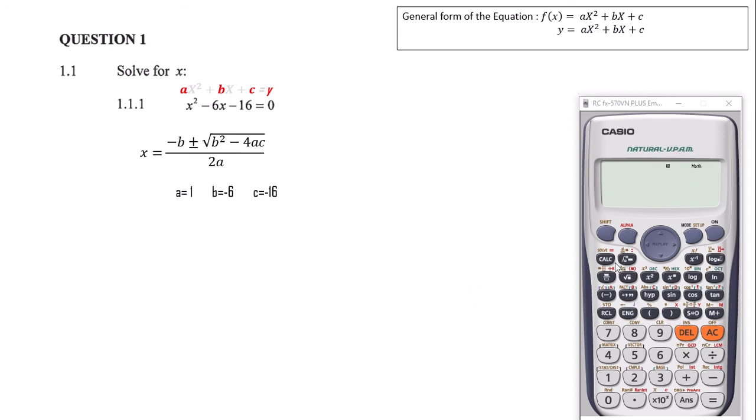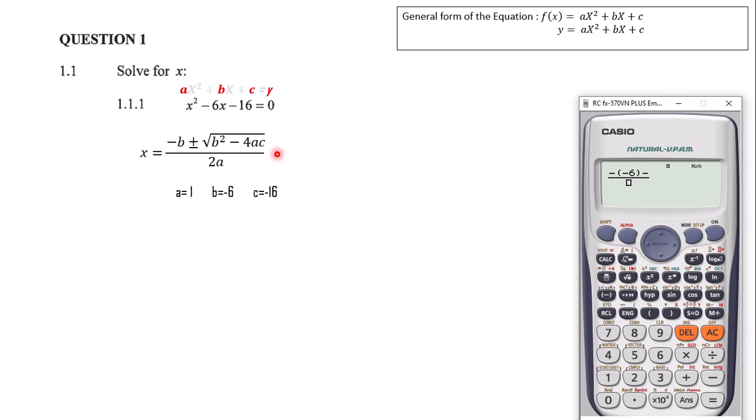So what we're going to be doing is simply enter our values into the quadratic equation. So that's the negative that comes with the equation, and we put our B value, which is negative 6, in brackets, and then we choose between plus or minus, we just choose one first.